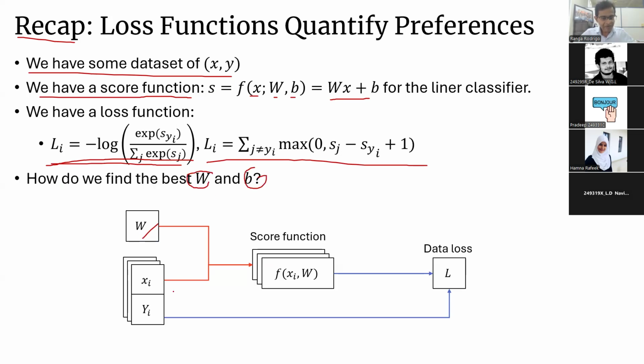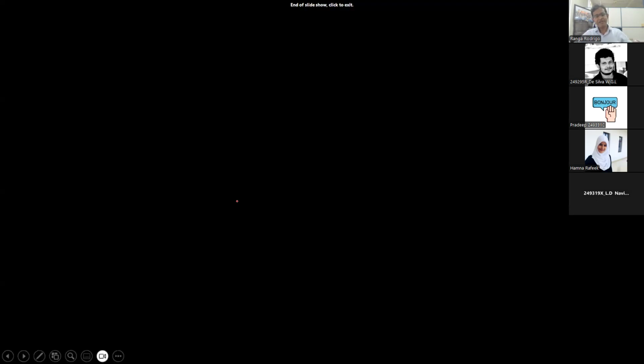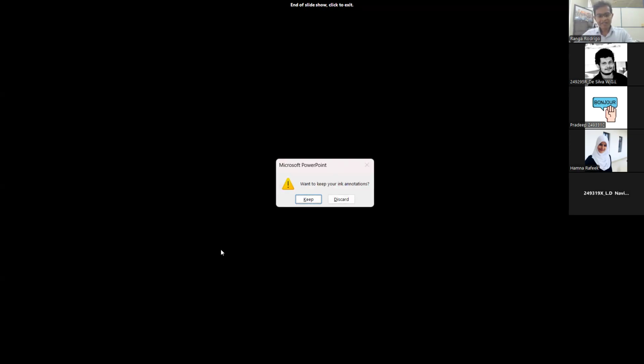We have W, and xi, yi, the images and labels. We give them to the score function, it produces scores and a loss, and then we have to minimize that loss and change W and b. That is a topic for another class, where we look at gradient descent. But before we look at gradient descent, I want to look at neural networks. So after the break, we will look at neural networks.